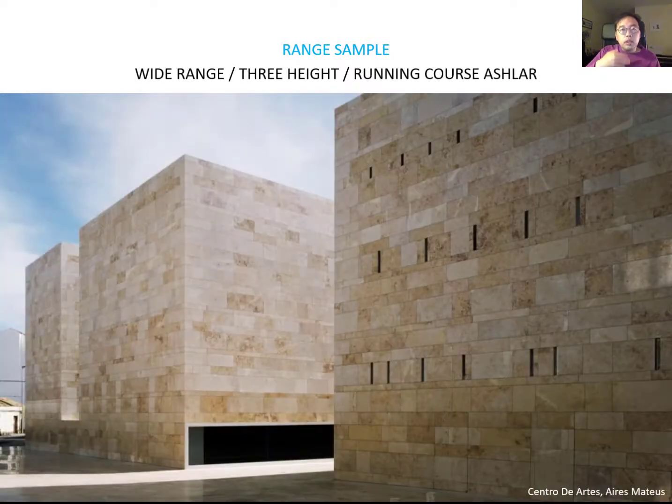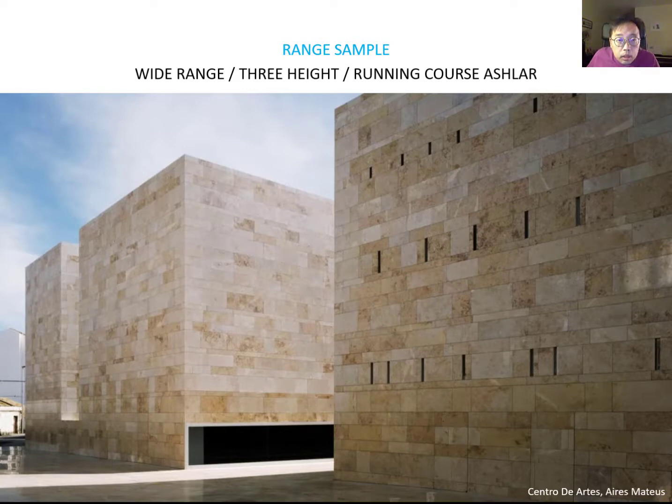I'll bring an example here. This is Centro de Artes, designed by Iris Mateus. This project uses the wide range, because they have different color tones and sizes between units, and they use three different heights.